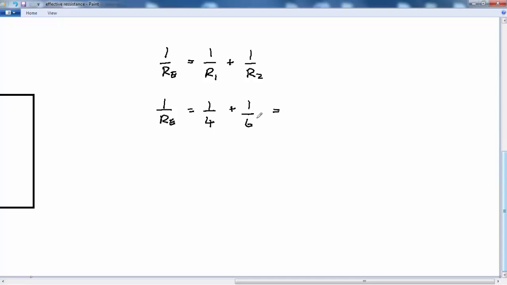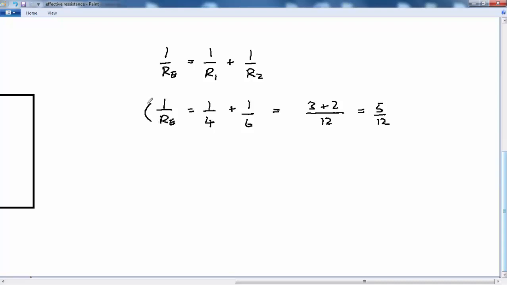Basically we need to add these two fractions together, find the lowest common multiple, which is 12, and then 4 into 12 is 3, and 6 into 12 is 2. That gives us 5 over 12. Now that is the reciprocal of RE, so we need to invert this.